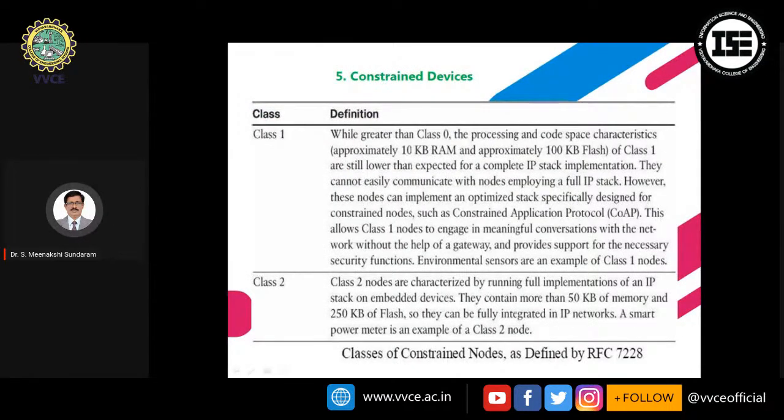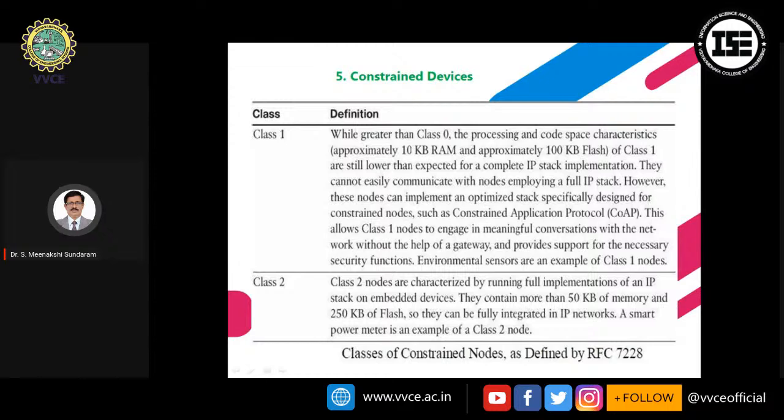Similarly, if we take the constrained node for class 1, so greater than class 0, the processing and code specific characteristics, approximately 10 KB RAM and approximately 100 KB flash, are still lower than expected to complete the IP stack implementation.